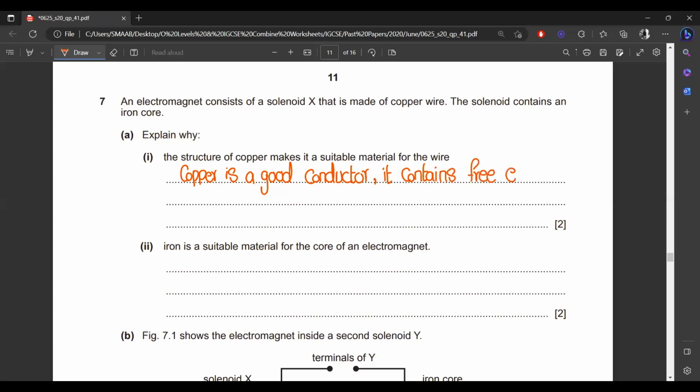It contains free electrons. That makes copper suitable.